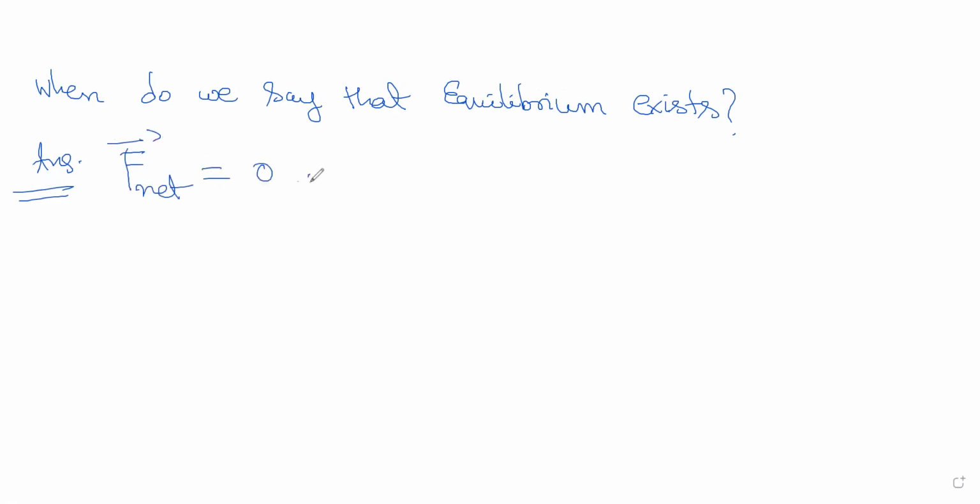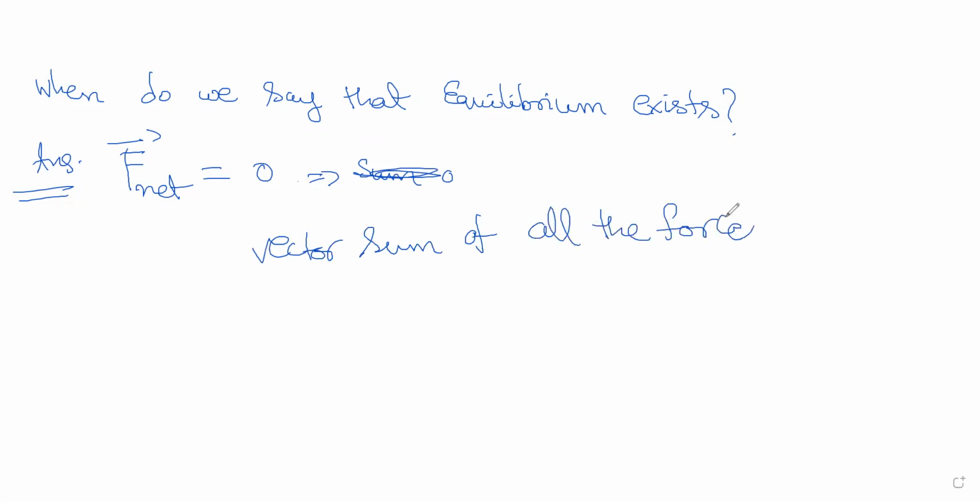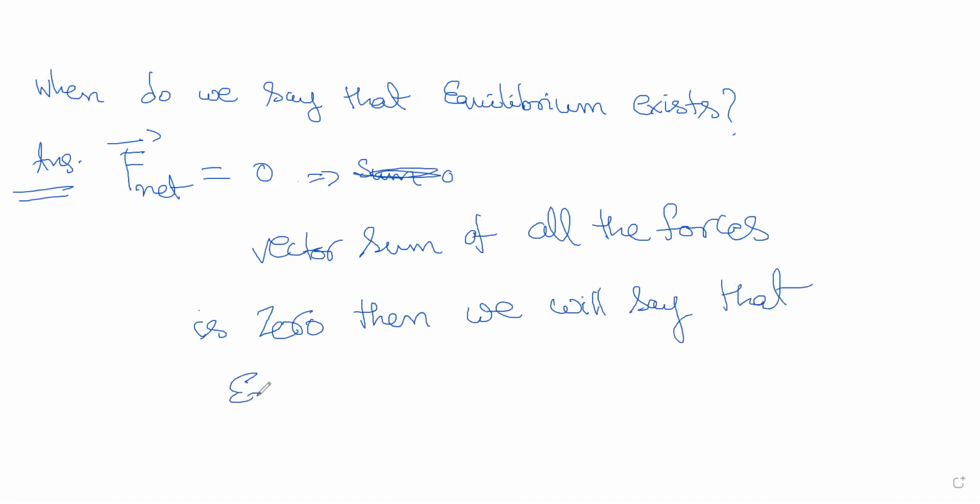That is, the vector sum of all the forces is 0. Then we say that equilibrium exists.